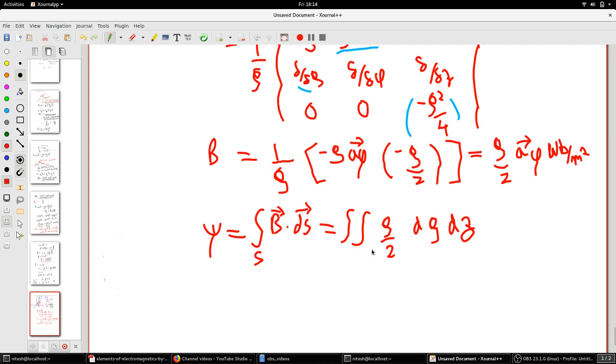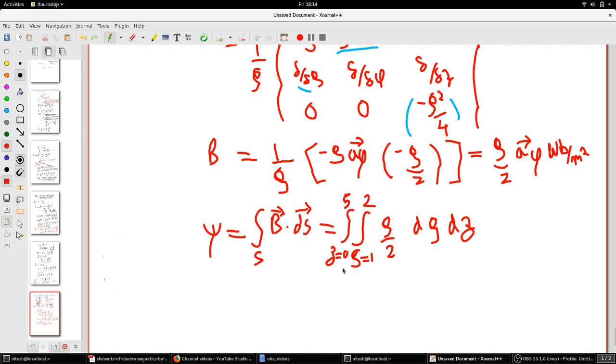Okay. So I know that rho limits are from 1 to 2, and z is from 0 to 5.